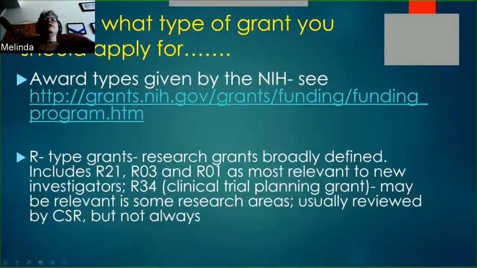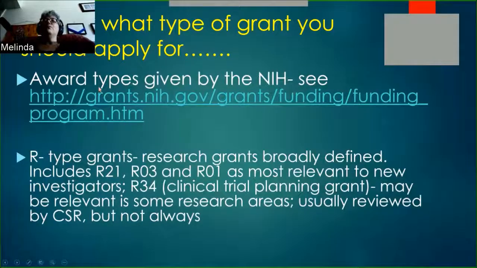Now, the next thing that you're going to need to do, once you've figured out what institute's going to fund your grant, is what type of grant you should apply for. And there's a comprehensive list of all NIH funding mechanisms available at this website here.